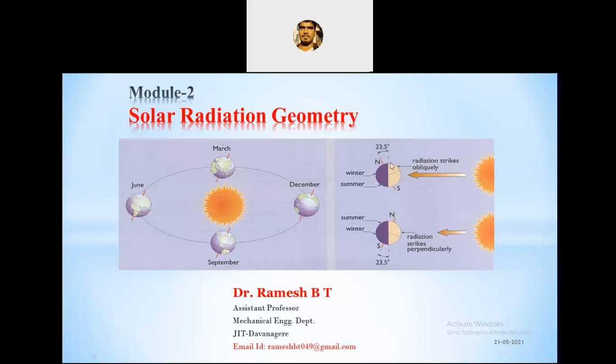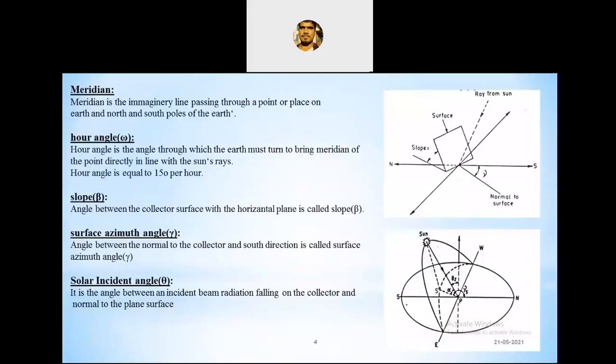You can see in the figure it is 23.5 negative and positive. This inclination is called the declination angle.